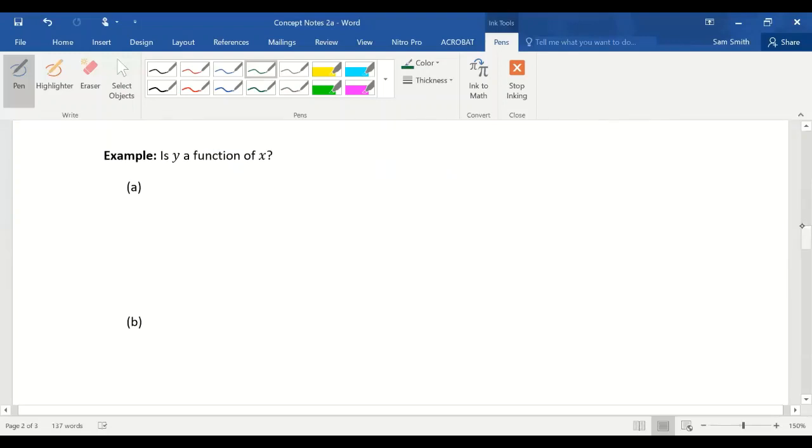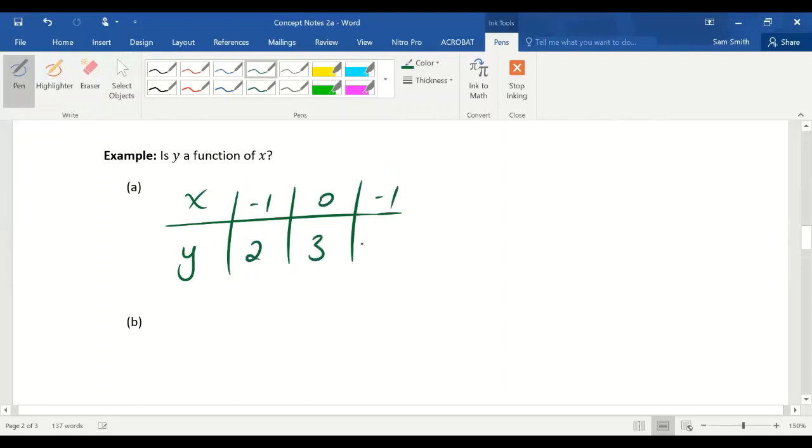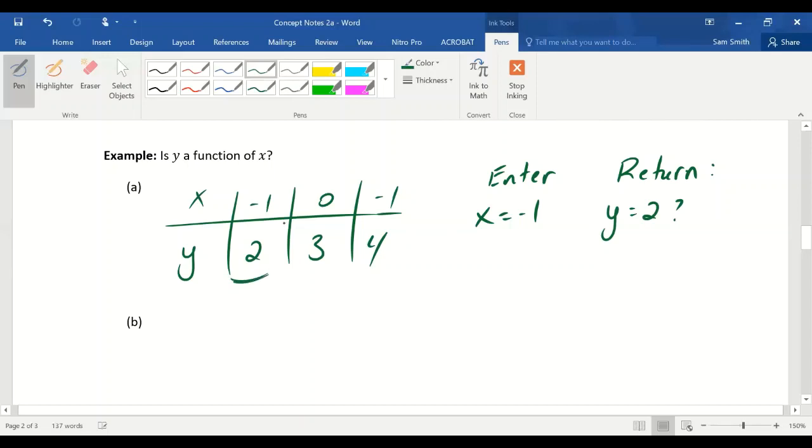Okay, let's test this definition. Suppose that I give you a little table, real small, for some paired values of x and y. x: -1, 0, -1; y: 2, 3, 4. Is y a function of x in this relationship? Well, imagine that I entered in x equals -1 to this machine here. The machine would not know whether to return y equals 2 from this first entry in the table, or y equals 4 from the second entry in the table.